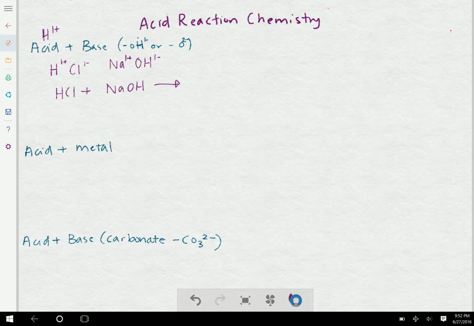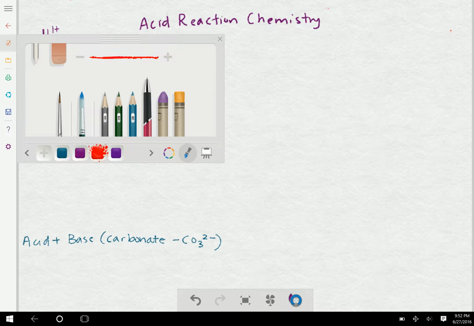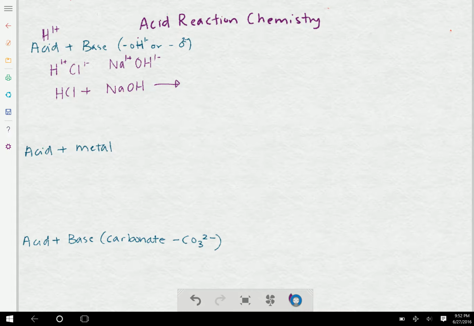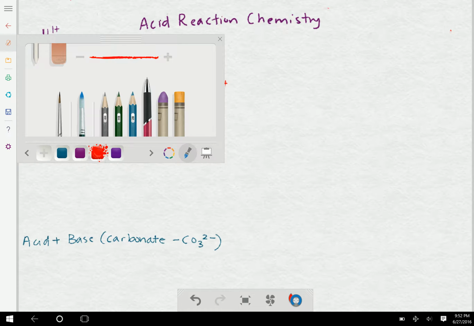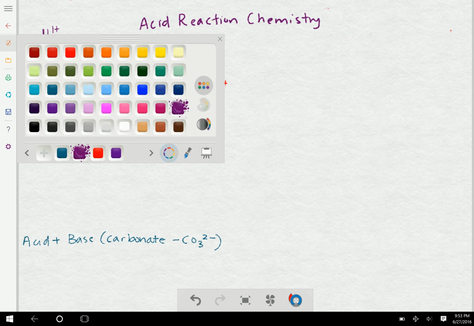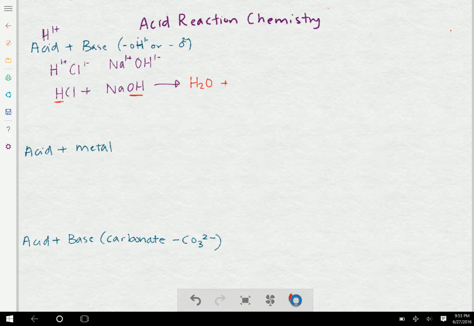Now what I get is always two things. I get water coming from the hydrogen of the acid and the hydroxide of the base, H2O, plus a salt. And the salt's going to be all of the leftover stuff. So in this instance, I've got sodium and chlorine. I want to look at charges again, and they're not going to change.